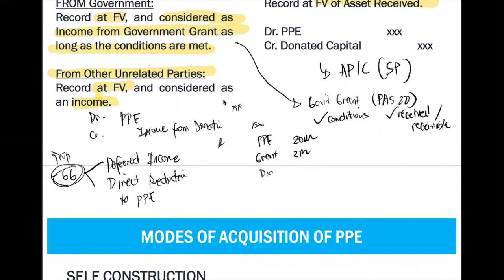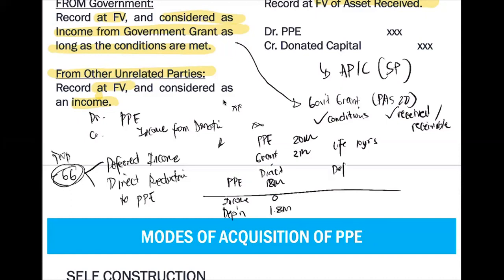So if that is a direct reduction, how much is our PPE? 18 million. If the life of the PPE is 10 years, do we have any income? None, because it is direct reduction. But if that is considered a direct reduction, we have a depreciation. What is the depreciation? 18 million divided by 10, 1.8 million.